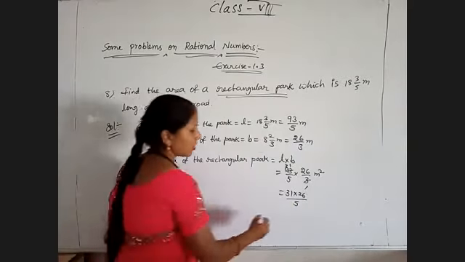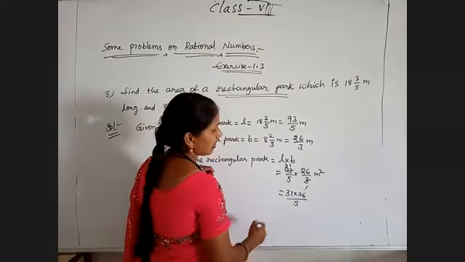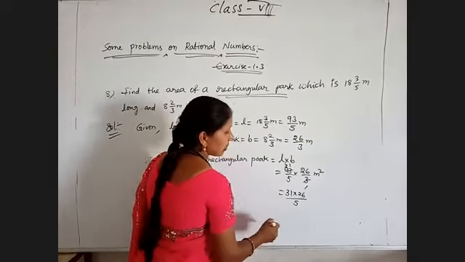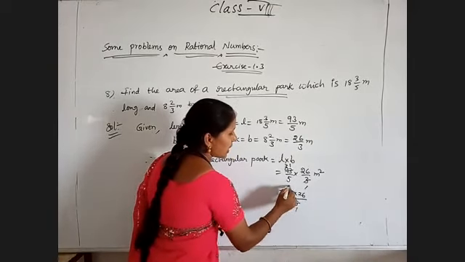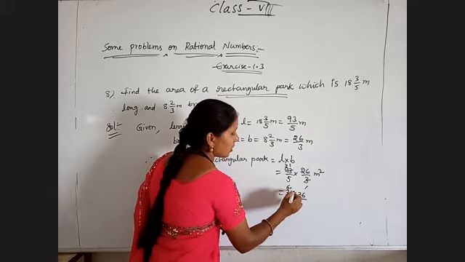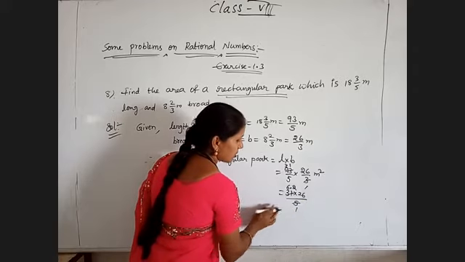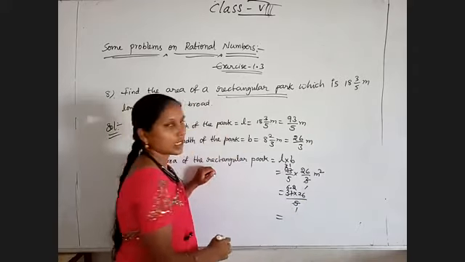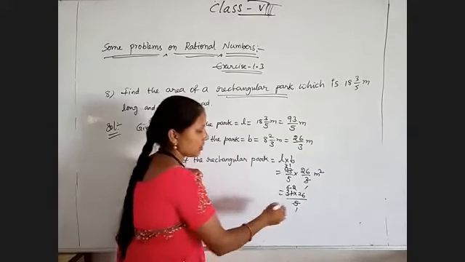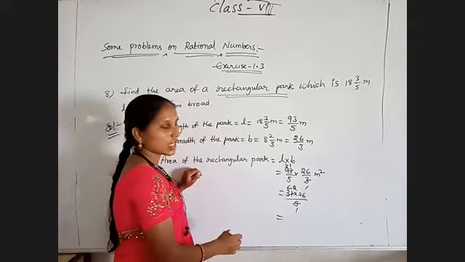So do the cancellation. 5 6s are 30, 10. 5 2s are 10. So now do the multiplication. 6.2 into 26, then you will get the answer.